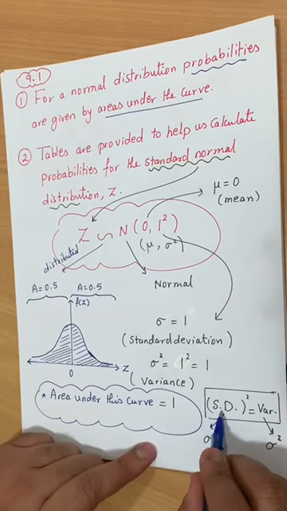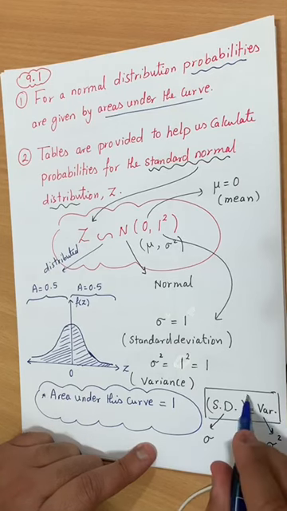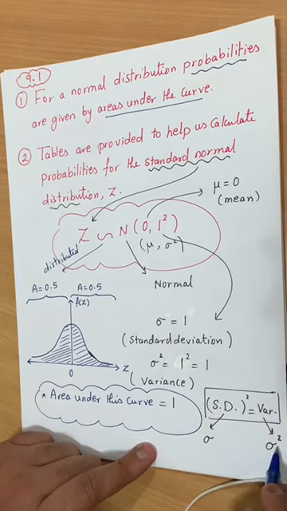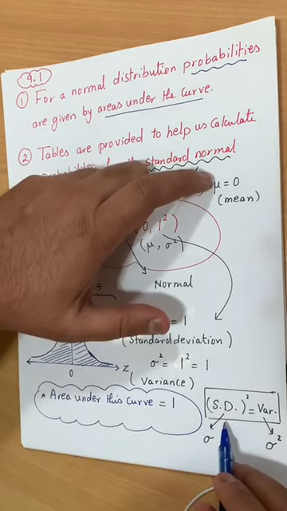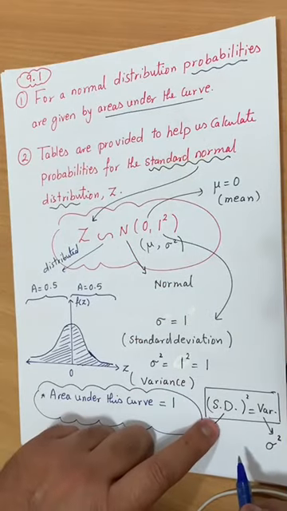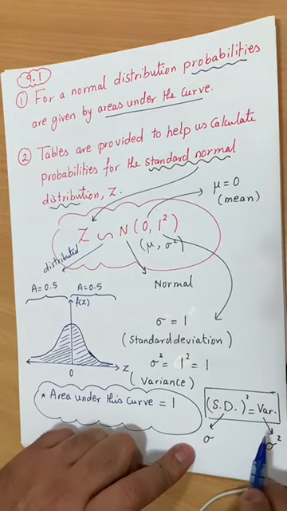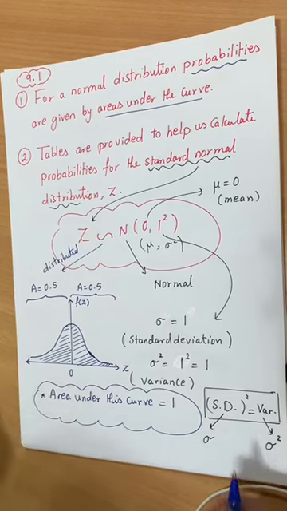So squaring of the standard deviation is equal to the variance. So sigma squared is variance and sigma is the standard deviation. Then one more time, mu is the mean, sigma is standard deviation, and variance is the square of the standard deviation, which is represented as sigma squared.